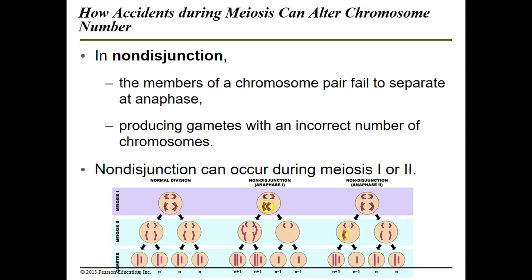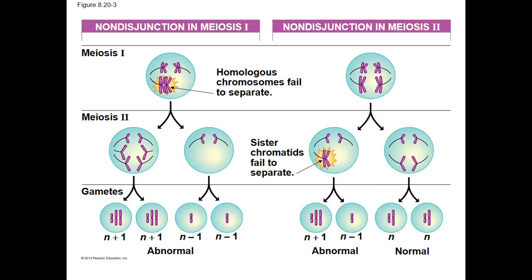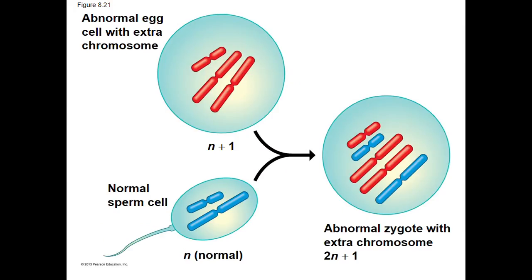If you get 3 copies of a chromosome during development, the zygote will be aborted. This can occur at meiosis 1 or meiosis 2. This shows an egg with an extra copy of a chromosome, and this is what would be called diploid plus 1 extra.